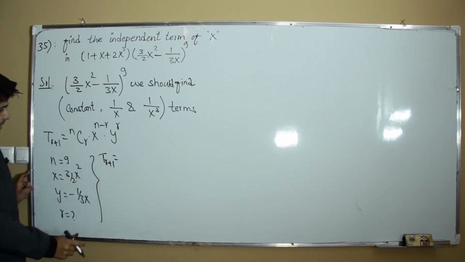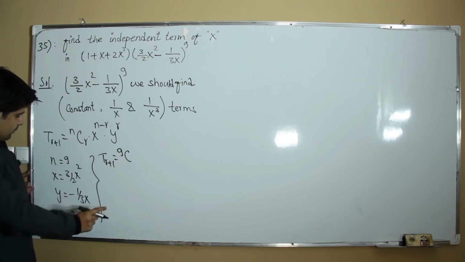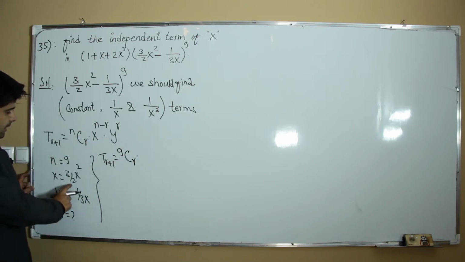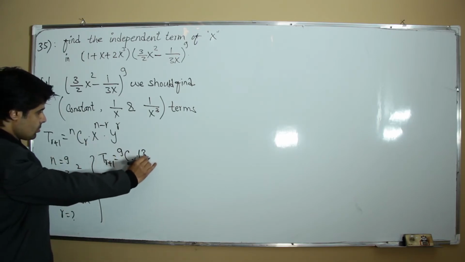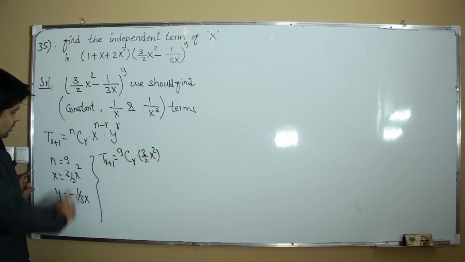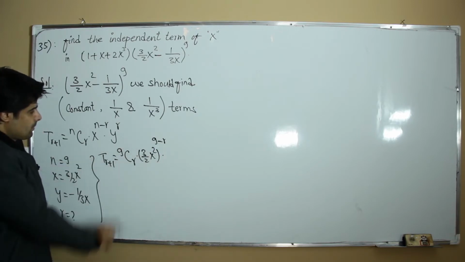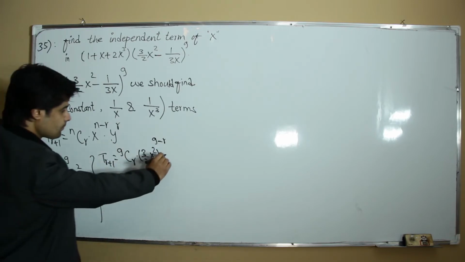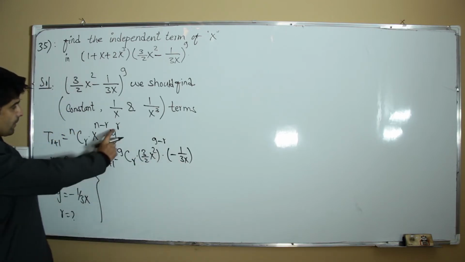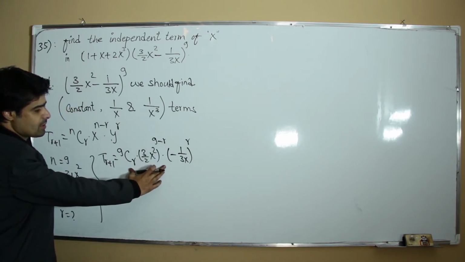For the first case, n is 9, 9 c r, x to the power n minus r, x is 3 by 2 x squared raised to the power n minus r, 9 minus r, multiplied by y, y is minus 1 divided by 3x raised to the power r. Now you can find a constant term here.